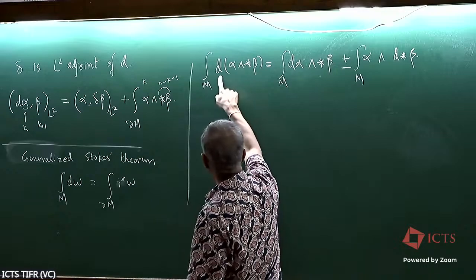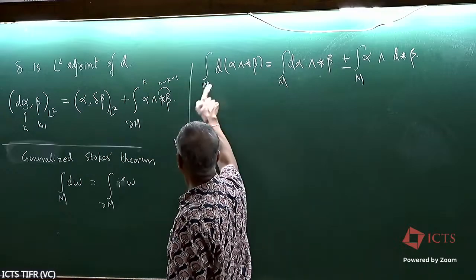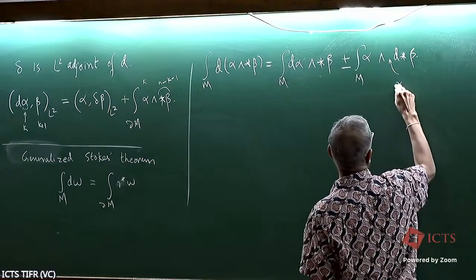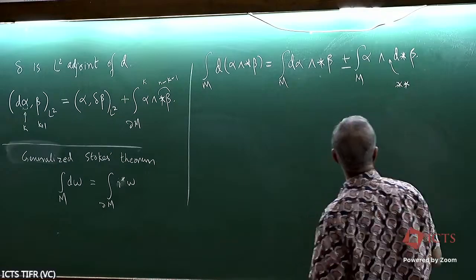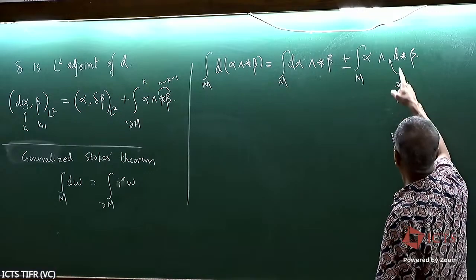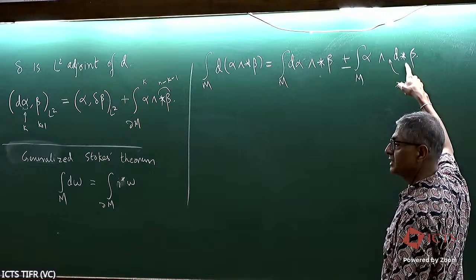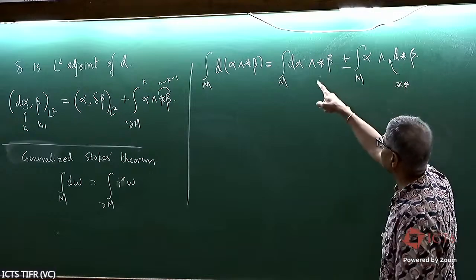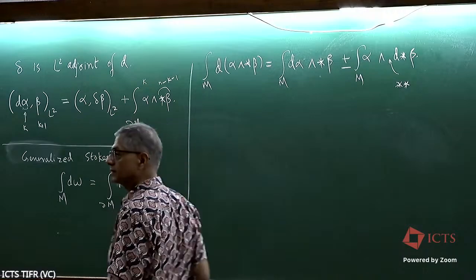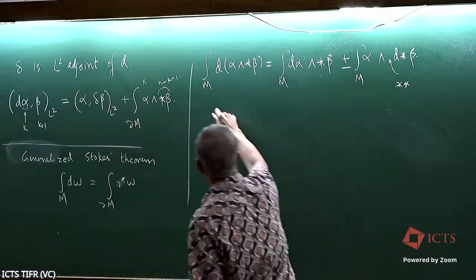This guy will become this because of the Stokes theorem. And here what we'll do is you insert two Hodge stars with some sign because that's one. Then one star will be star d star, that will be the codifferential. And the other star will be needed for making the inner product. So you'll get exactly this guy. So that's how one would prove it.